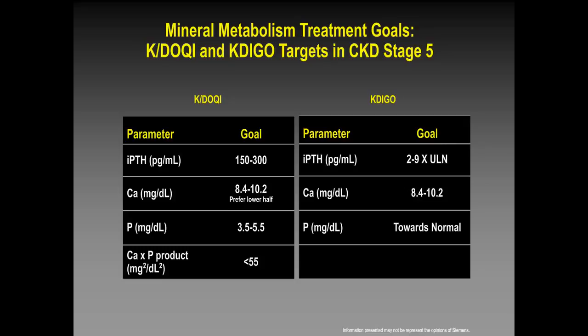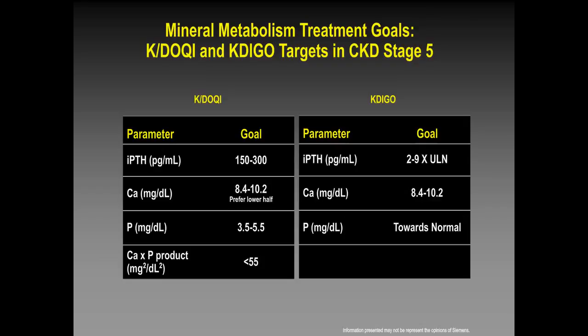on dialysis to be in the 150 to 300 range, with calcium in the normal range, phosphorus from normal to slightly high, and to consider a calcium phosphate product of less than 55.